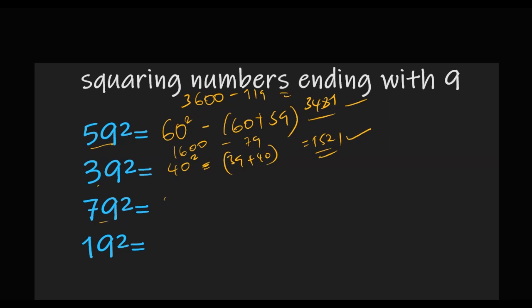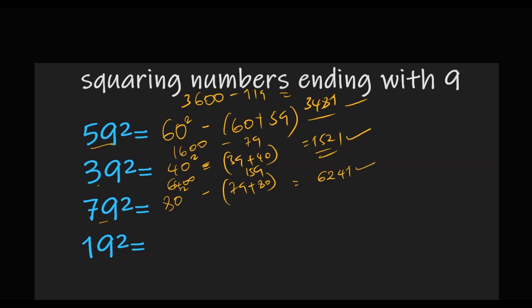And for 79, we are promoting it to 80 squared minus 79 plus 80. What we get here is 159. What we get here is 6400. If you subtract the two, you have 6241. You get your answer.